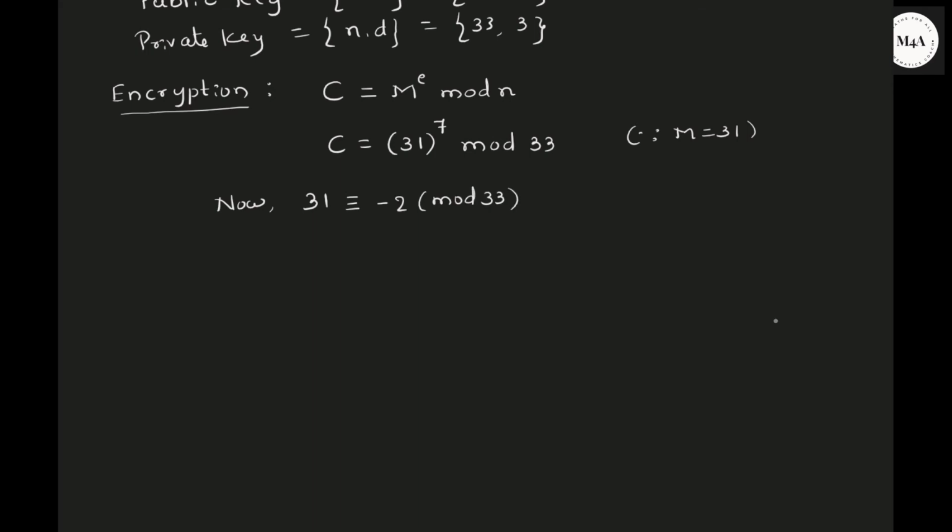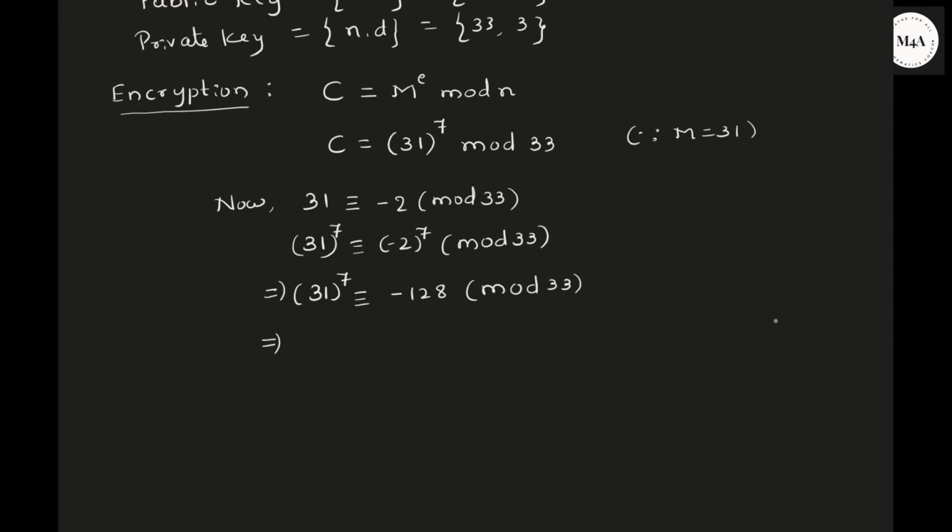Now 31 raised to 7 is congruent to minus 2 raised to 7 mod 33. So what does it give you? Minus 2 raised to 7 is minus 128 mod 33.